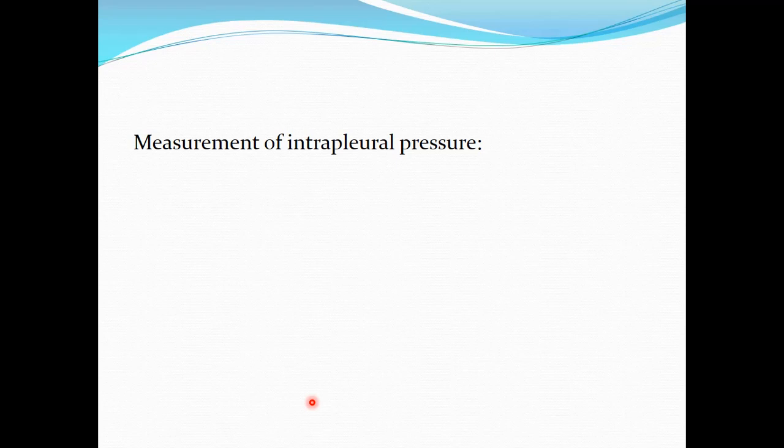However, it is measured indirectly from the lower third of the esophagus. The pressure in the lower one third of the esophagus represents the intrapleural pressure, so it is measured indirectly by measuring the pressure there, and this pressure is equal to intrapleural pressure.